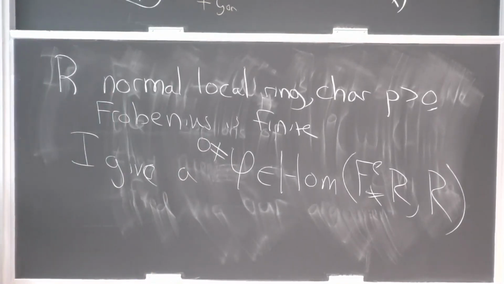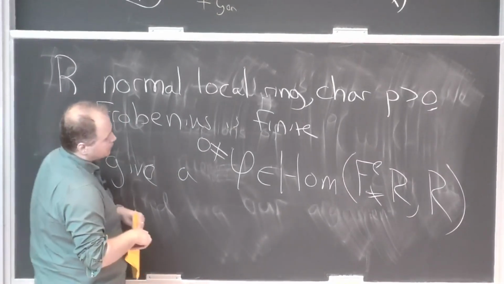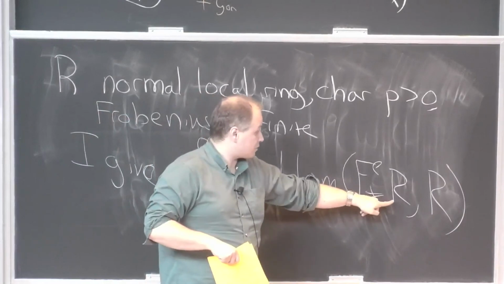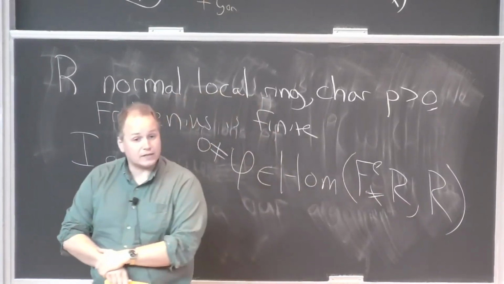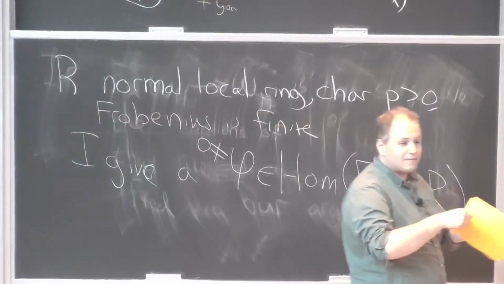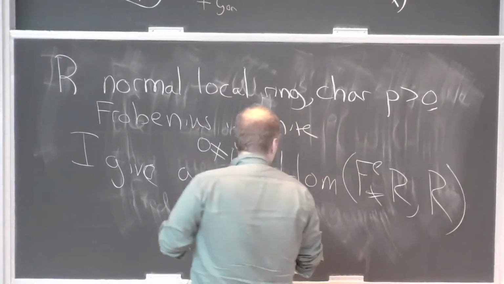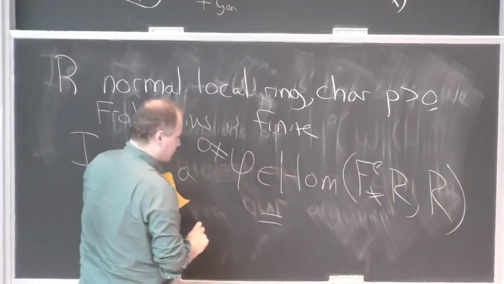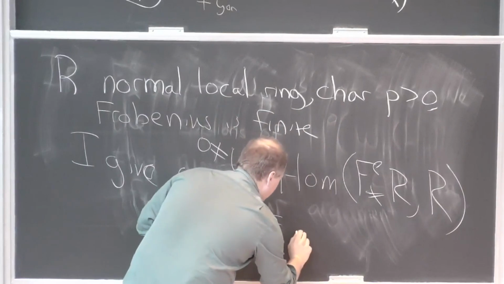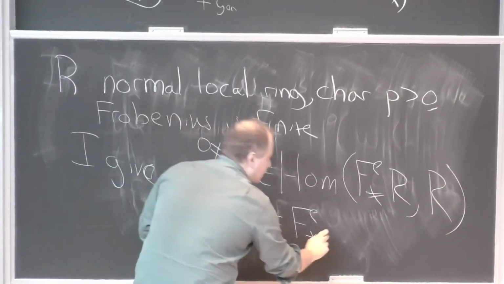Okay. And if you think back to last time, we actually saw that in the case that instead of R we had O_X there, this Hom set was isomorphic to F^e_* O_X, then some twist of the canonical divisor. And if you write that down, I'm going to write it in a couple different ways.